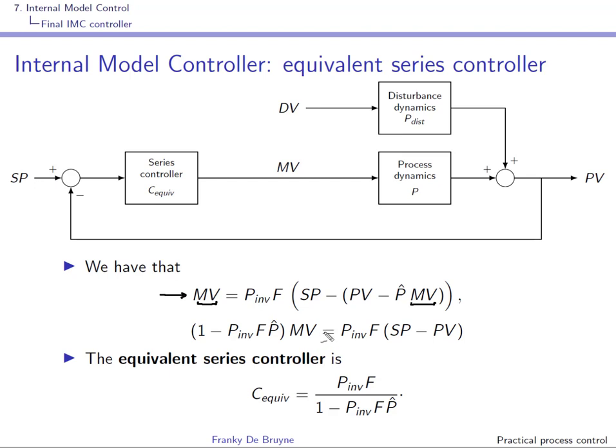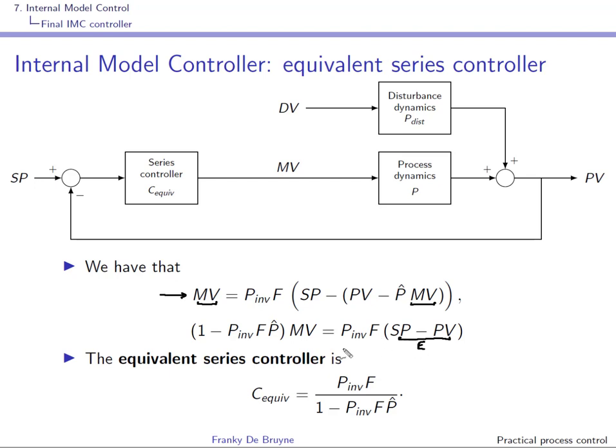We take everything that has a dependence on MV on one side, so 1 minus P inverse F P hat, and here we have P inverse F acting on SP minus PV. So this is the control error, right?